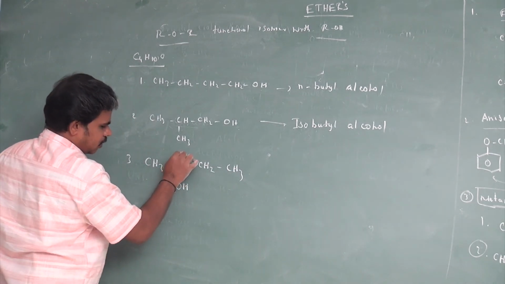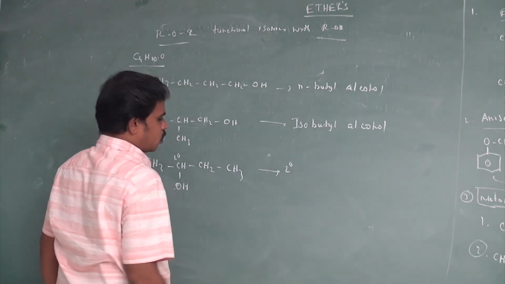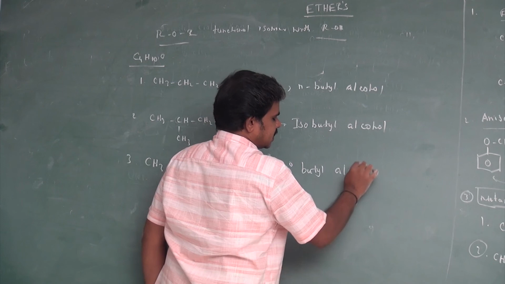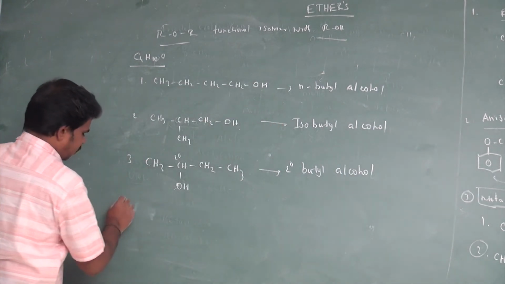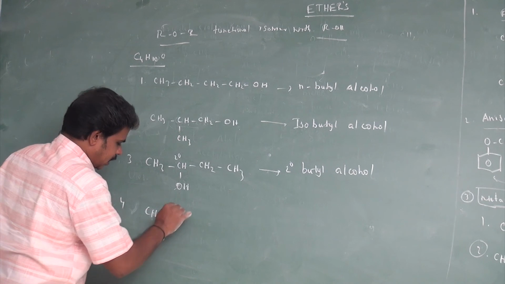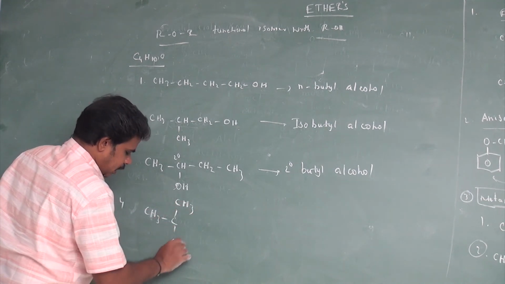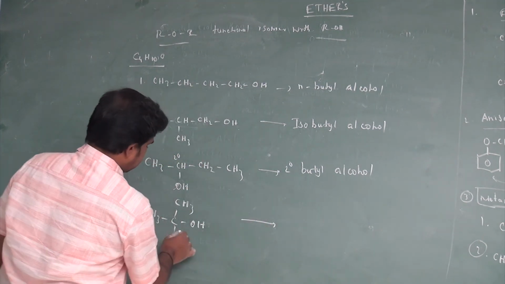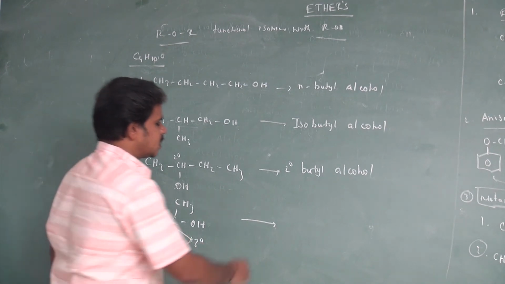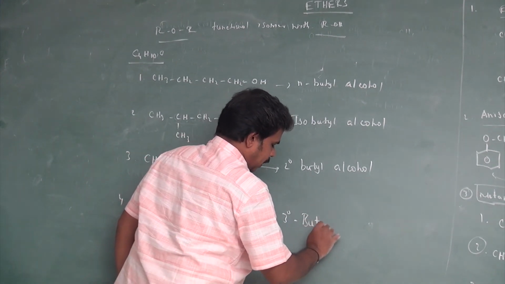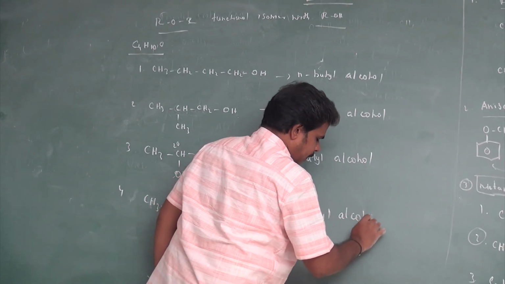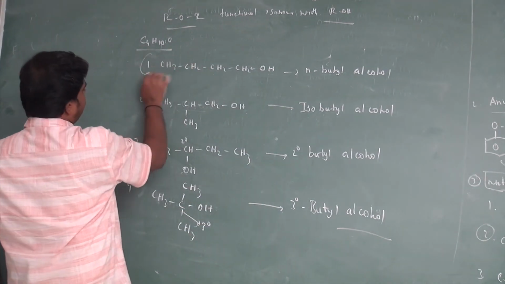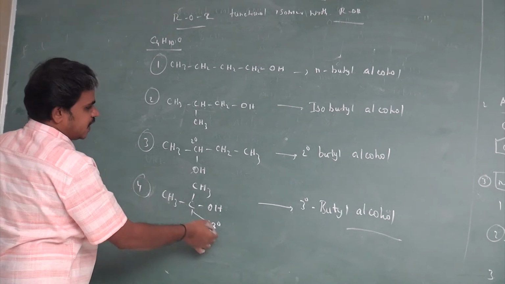Now it is a secondary carbon, so it is secondary butyl alcohol. And the fourth one, here it is CH3, C, CH3, CH3 and OH. Now it has a tertiary carbon, so it is tertiary butyl alcohol. So for the molecular formula C4H10O, there are 4 alcohol isomers.